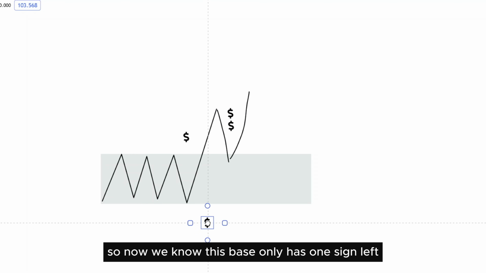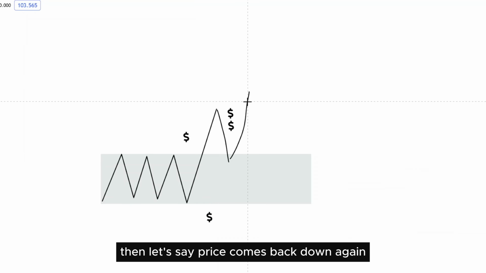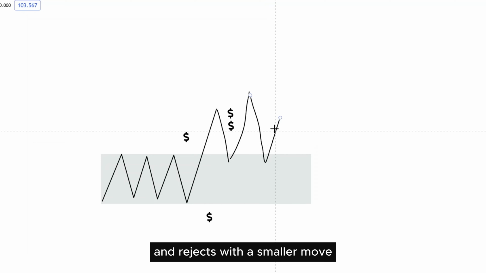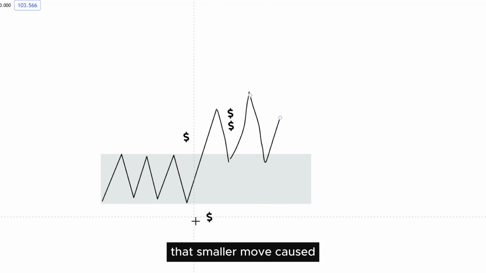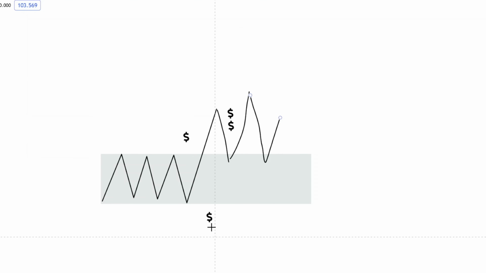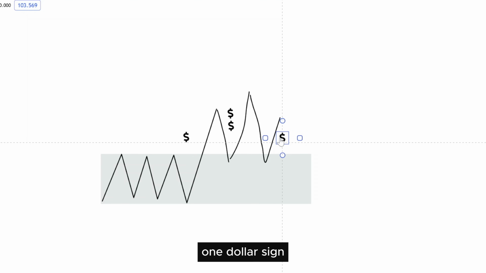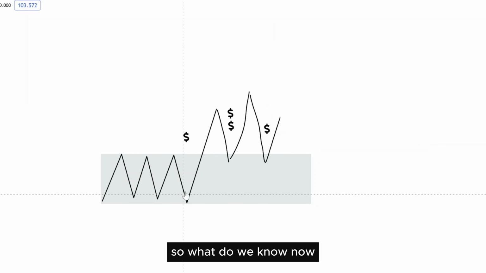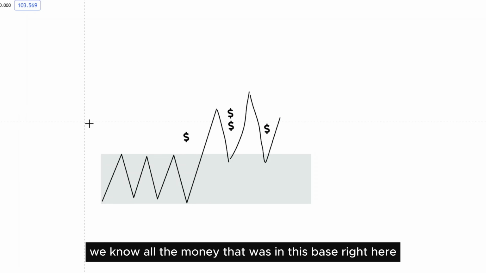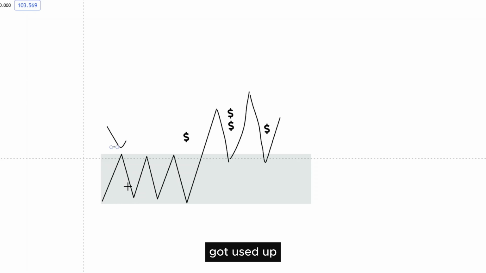So now we know this base only has 1 sign left. And let's say price comes back down again and rejects with a smaller move. That smaller move cost $1 sign. So what do we know now? We know all the money that was in this base right here got used up for this motion.